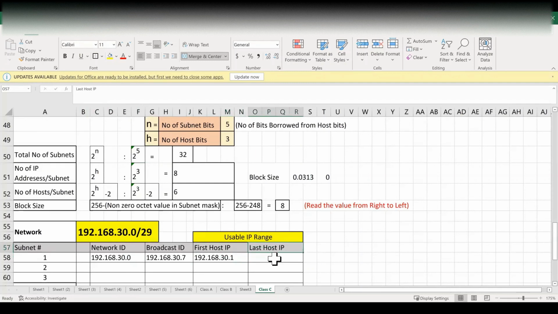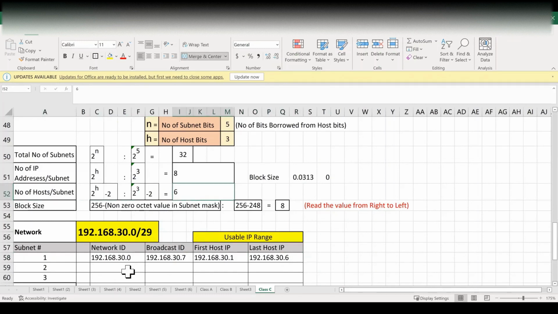The last host IP address is the previous IP address of our broadcast ID. Our broadcast ID is 30.7, so the previous IP address is 30.6. Here we can see our IP address range starts from 30.1 and ends with 30.6. The total number of hosts we calculated is 6.